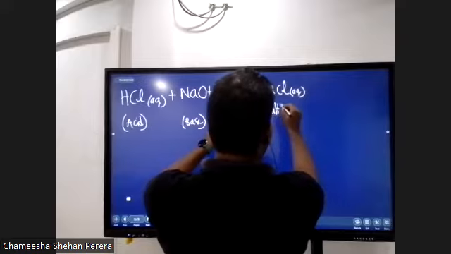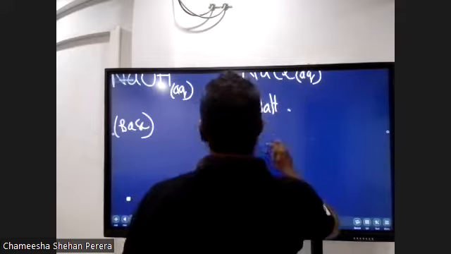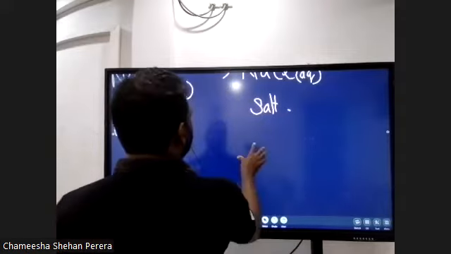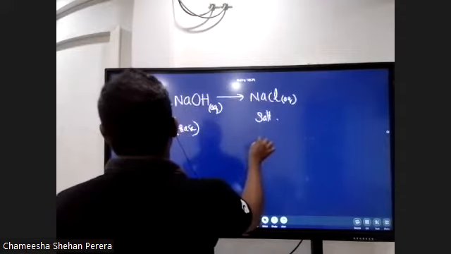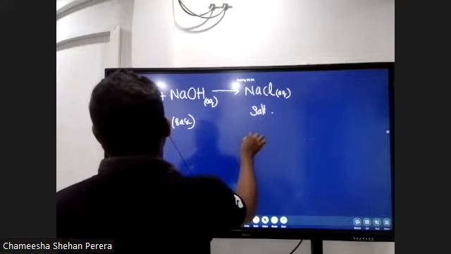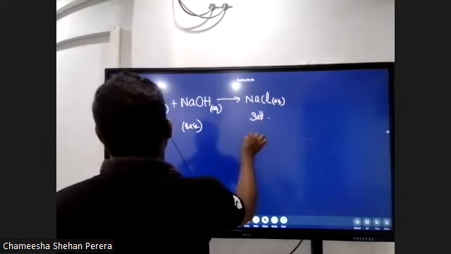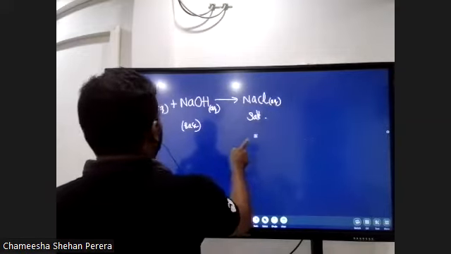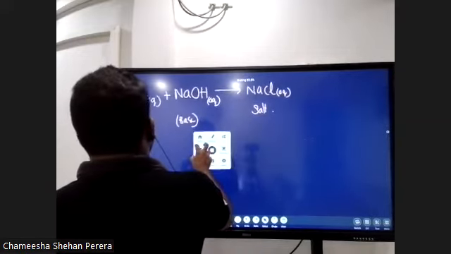There are many types of salts, but here the type of salt produced is what we are commonly known with, the common general salt that we use for cooking purposes.